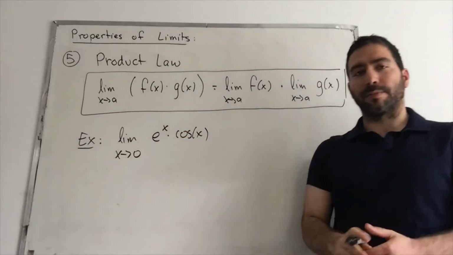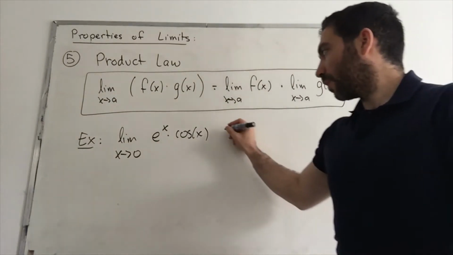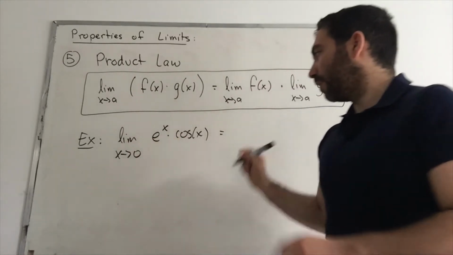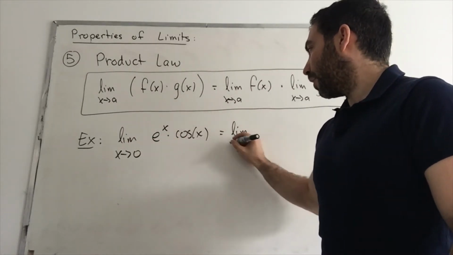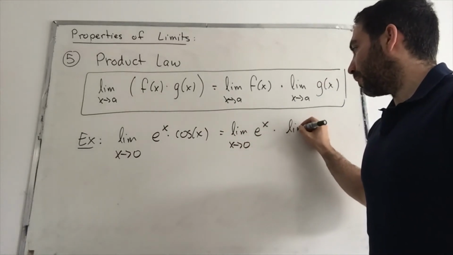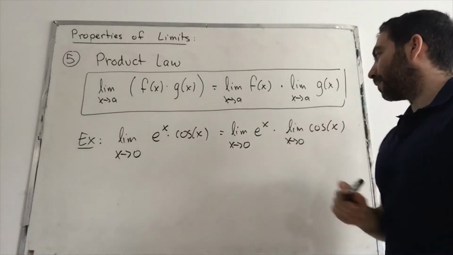You want to evaluate this limit. We have a product of two different functions. What we're going to do is deal with each function individually. Take the limit as x approaches 0 of e to the x times the limit as x approaches 0 of cos of x. Okay.